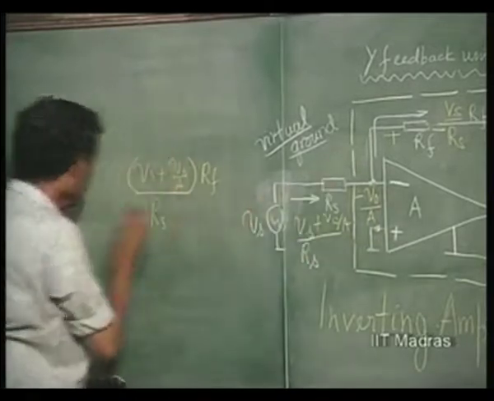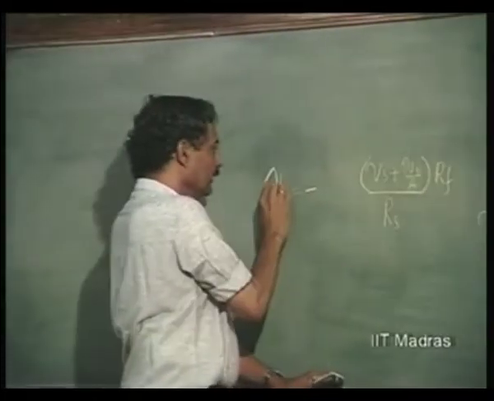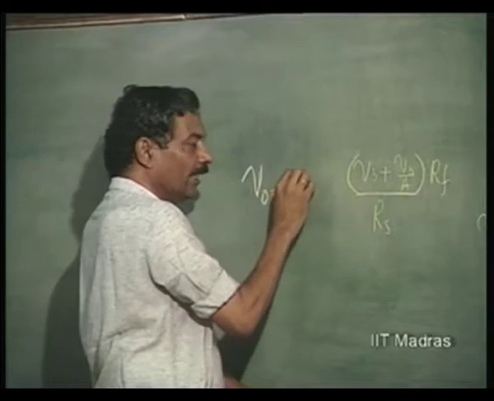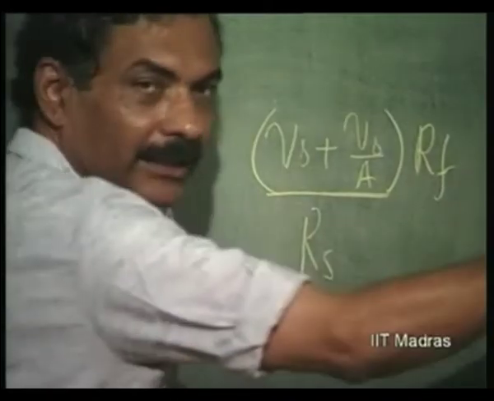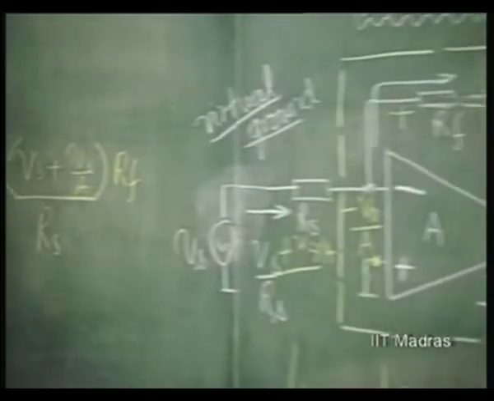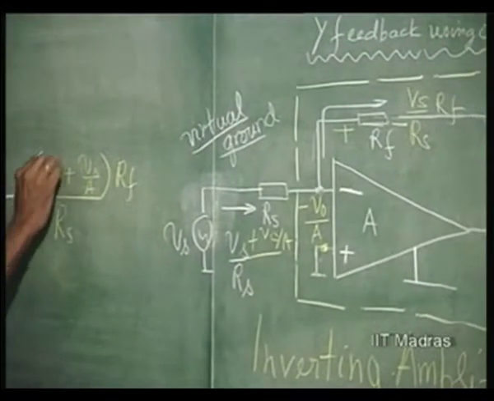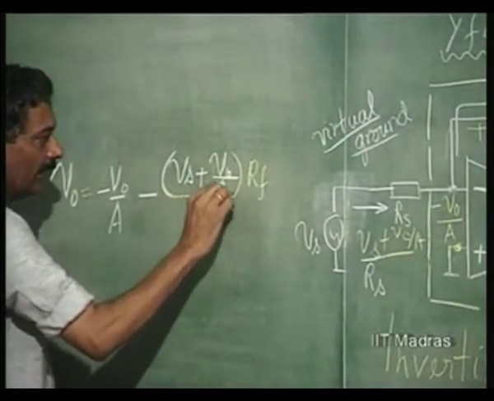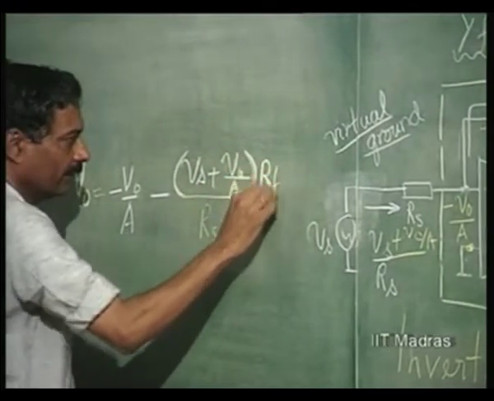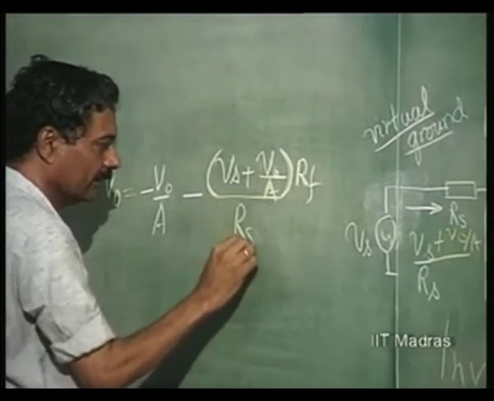So, it is minus V naught by A, this potential, minus Vs plus V naught by A into Rf by Rs.